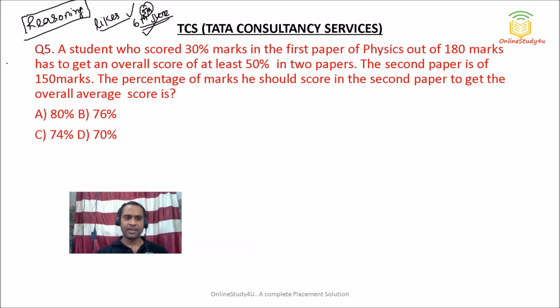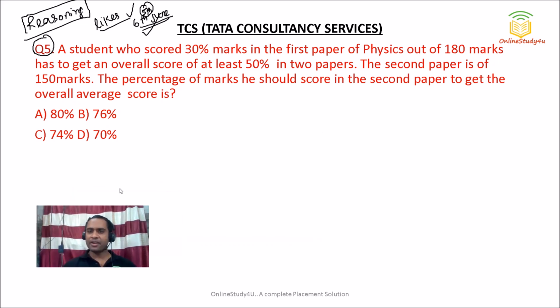Okay, fine. So now friends, question number 5. A student who has scored 30% marks in the first paper of physics out of 180 marks has to get an overall score of at least 50% in two papers. The second paper is of 150 marks. The percentage of marks he should score in the second paper to get the overall score is, okay.